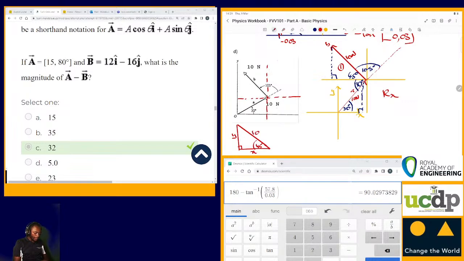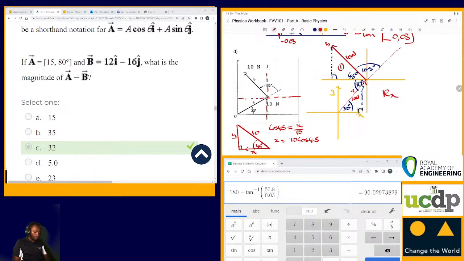And we are resolving in the x, right? So x is already on the adjacent, so we're going to use cos. So cos 45 equals the adjacent x over the hypotenuse, which is 10. So x is equal to 10 cos 45.